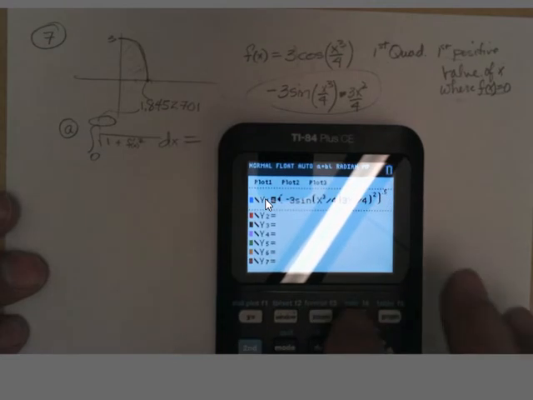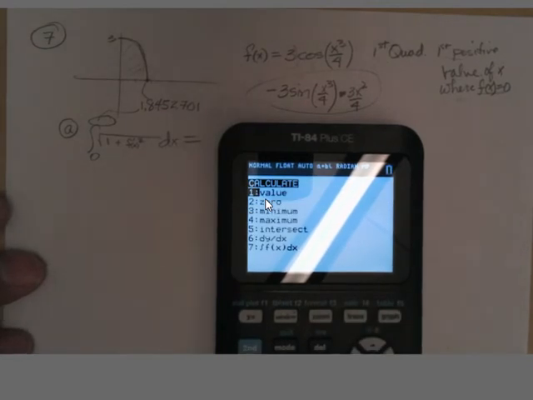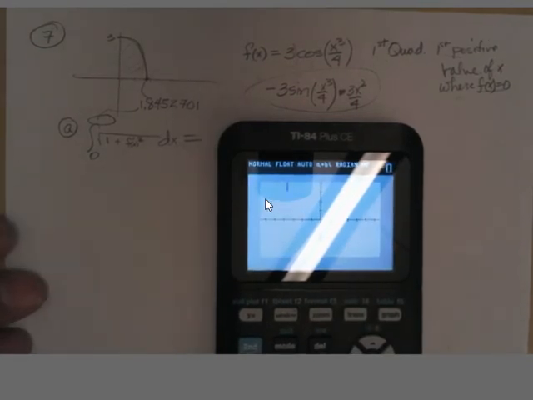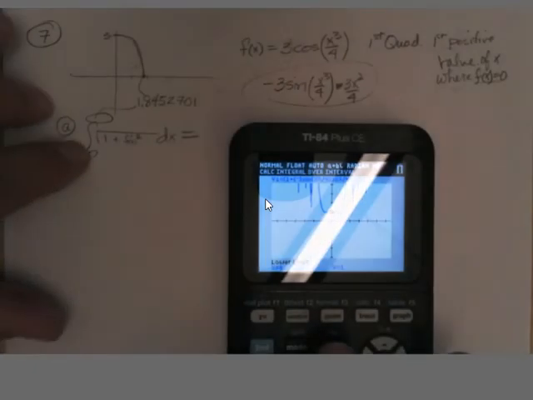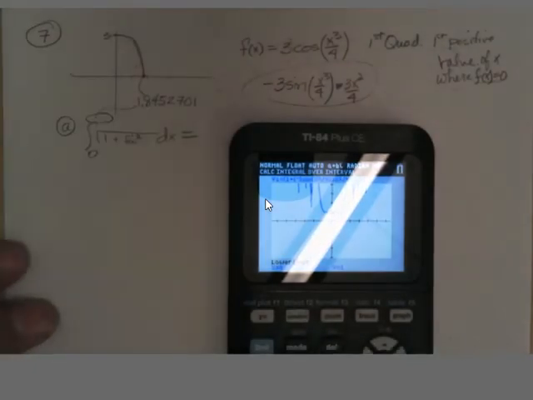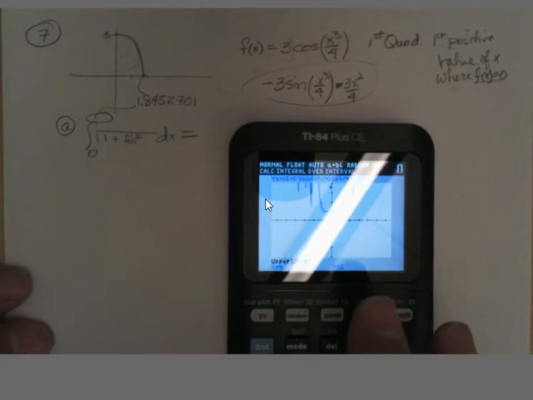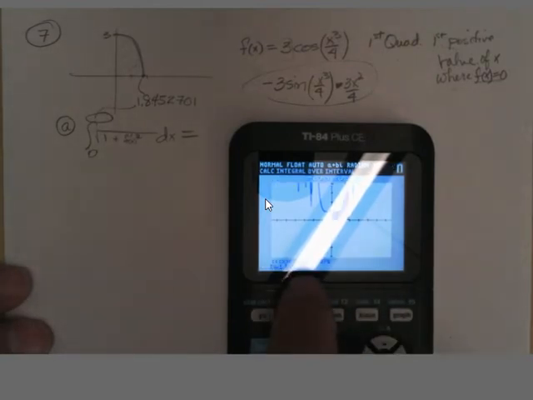So second calculate 7. It's something crazy strange, but I need the integral from 0 to that number. So 0, enter, and since I stored it in A, I can go alpha A, and that'll put that number in there.